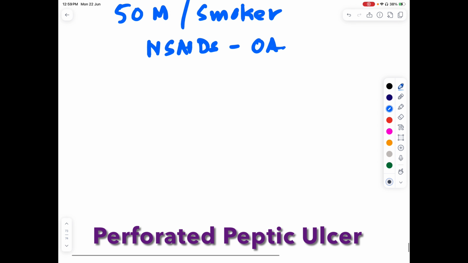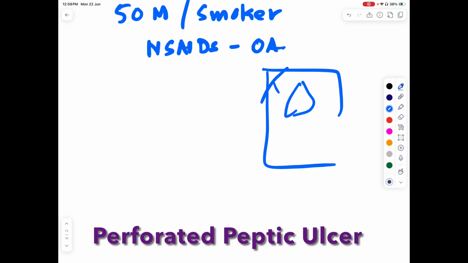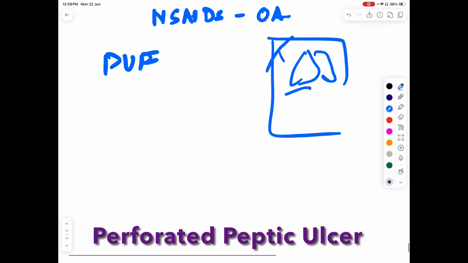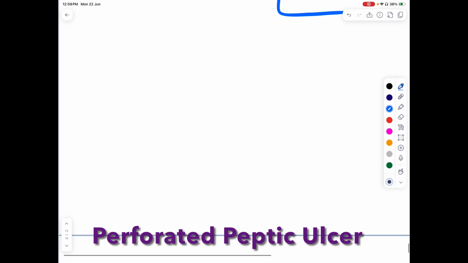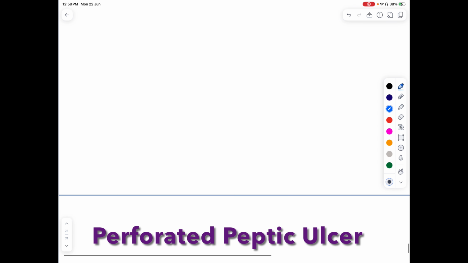You get a chest X-ray, and in the lung fields there is gas under the diaphragm. When you see gas under the diaphragm, that is peptic ulcer perforation. What can we confirm? The demographics of the patient, free intraperitoneal gas is seen, comment on the trachea and all that. So smoker, NSAID is the cause.